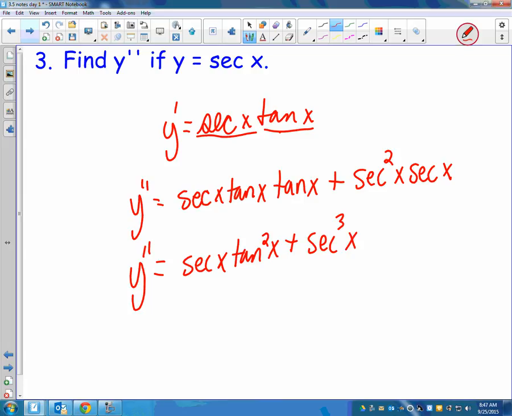That's it, right? No, say it again. The secant x times tangent x and then tangent x times tangent x. No, because it's all multiplication. The only time you distribute is when it's addition. Because we have to do the derivative. The derivative of secant x was secant x tangent x. But why did you separate those two but you're not separating them again?